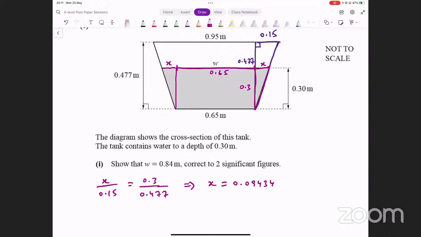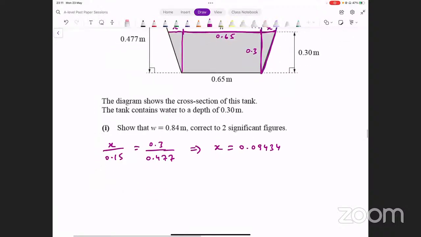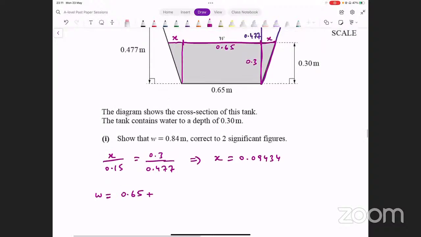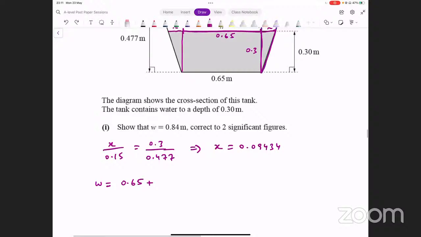So the middle part is 0.65 and we know the value of X. तो W कैसे आ जाएगा? W is going to be 0.65 plus 2 times X, because we've got one X here and another X here, and दोनों X's को add करना है. अब 2 से multiply कर दें, 0.09434 दो दफा add कर लें, that's your choice.